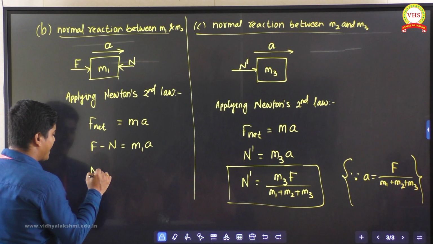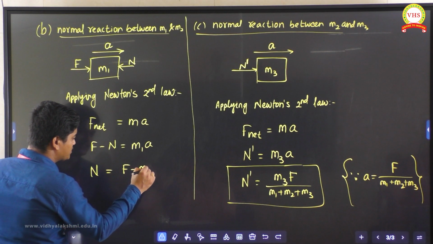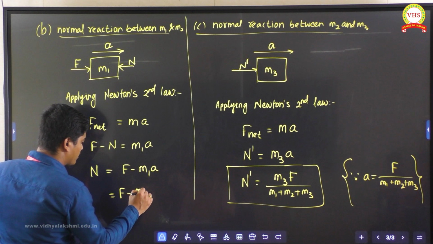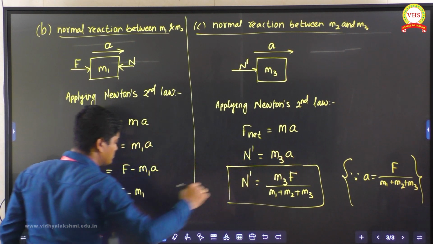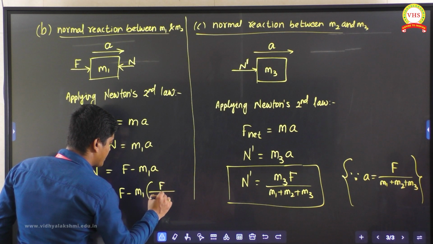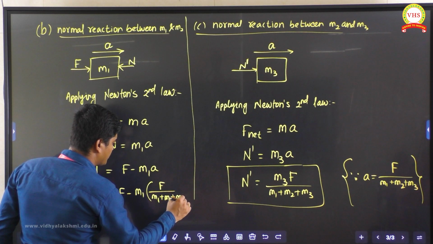Now I need to find N. So N, how will I write? N equal to nothing but F minus m1 A. Now what is A value? Already you know A value. Substitute it. It is F divided by m1 plus m2 plus m3.